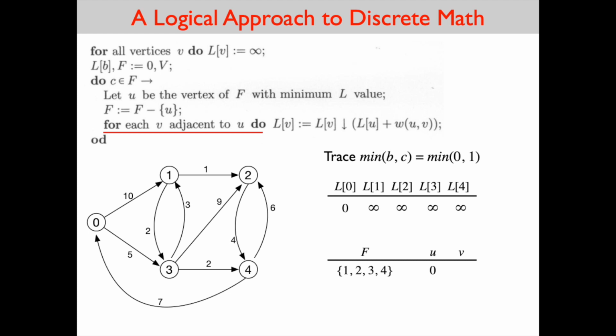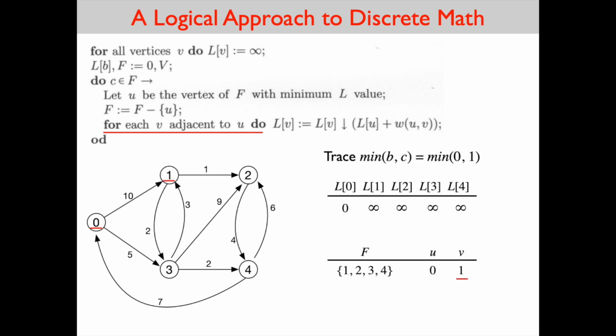Well, we can see on this figure that there is an edge from 0 to 1 and an edge from 0 to 3. Therefore, 1 is adjacent to 0 and 3 is adjacent to 0. So this loop is going to execute twice, once for v being 1 and once for v being 3.